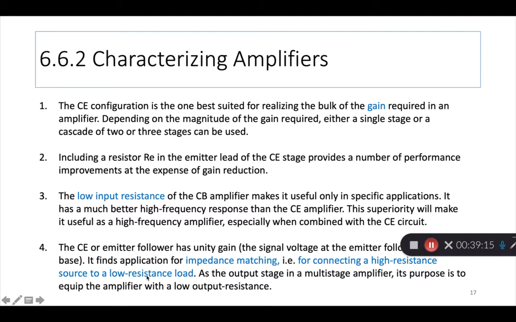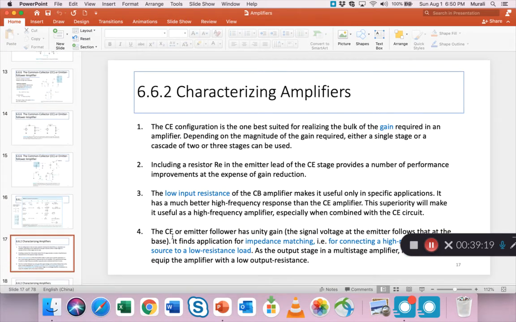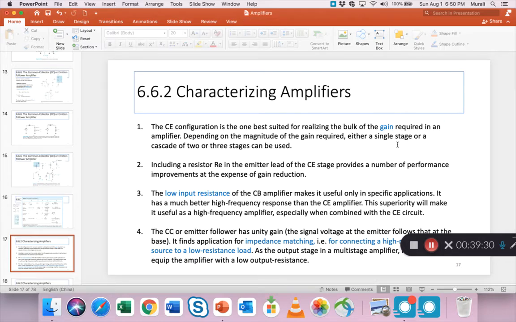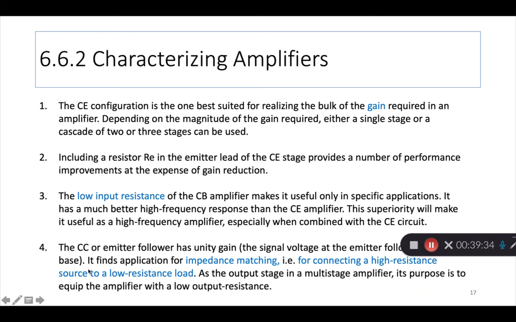Similarly, this should not be CE, this should be CC. So that's a CC. With a CC, or emitter follower, you can do impedance matching to your speaker.